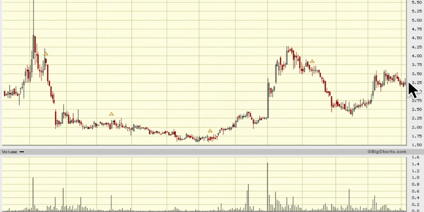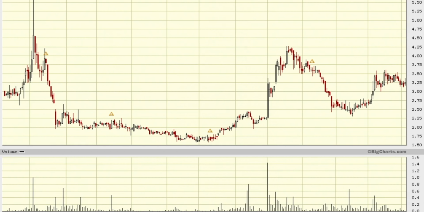This implies that the next move for the stock, based on the consolidation, the way that it played out, it shook out all of the investors that want to get out of the shares, and it also has traded like this because there's a lot of investors who want to get into the shares. And then generally, after a cup and handle pattern, the next thing that happens is the stock price jumps higher.